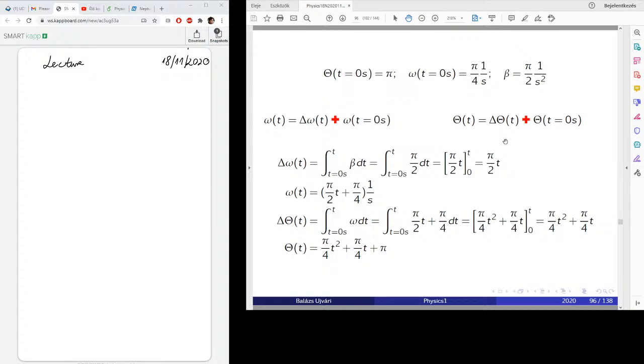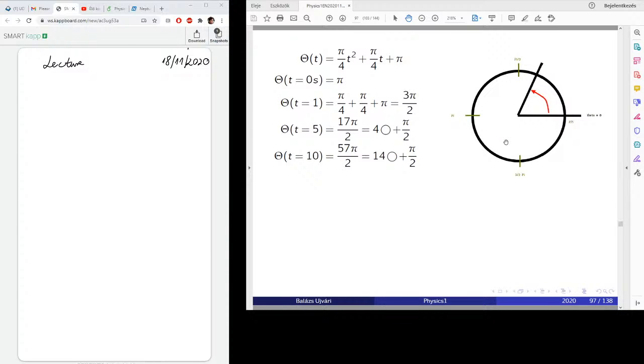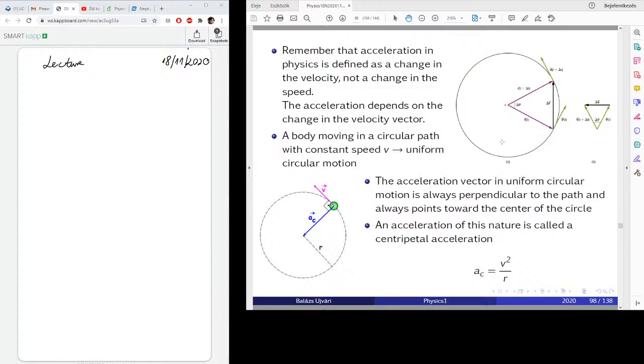Alright, so this is the easy example. Tomorrow we can solve some of these examples, and a few things we have to learn: the acceleration is the derivative of the velocity, and even for a constant angular rotation, the velocity vector v has a different direction at different times.